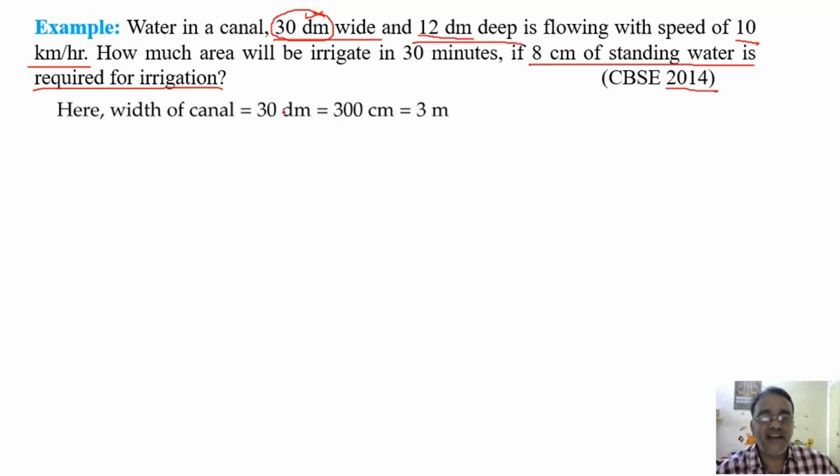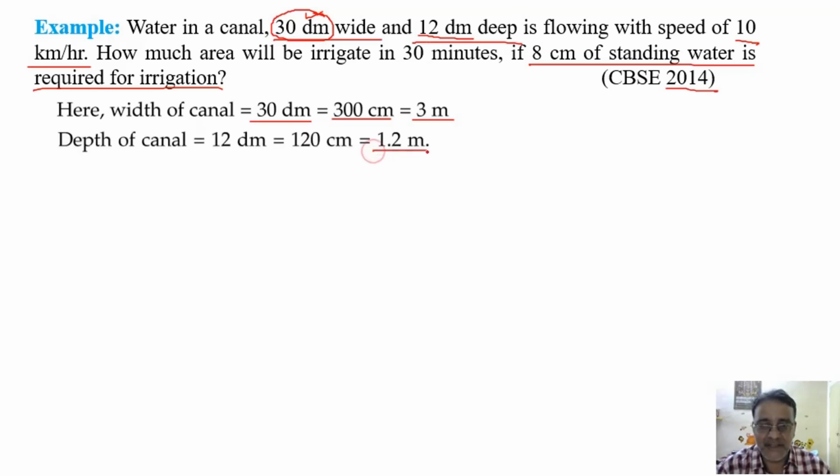So width of the canal 30 decimeter, that is 300 centimeter, so 3 meter. And the depth of the canal 12 decimeter, 120 centimeter, 1.2 meter. Okay, and it is flowing with a speed of 10 kilometer per hour, and the canal will take the shape of a cuboid.